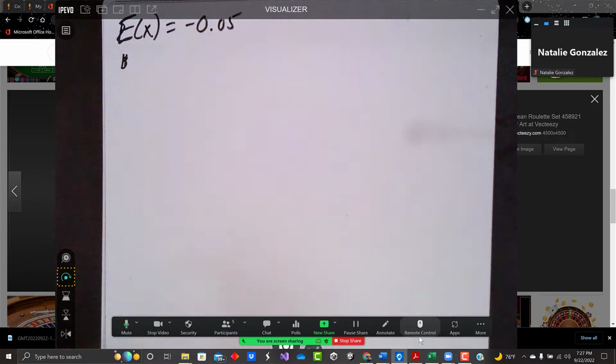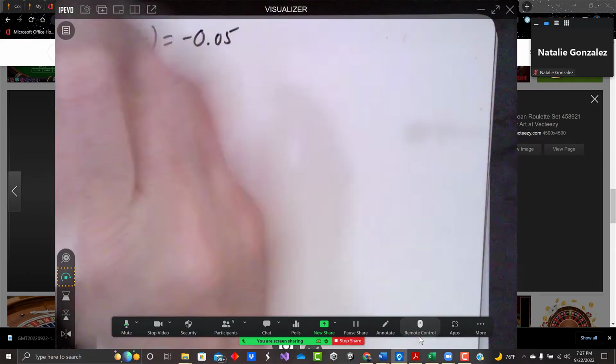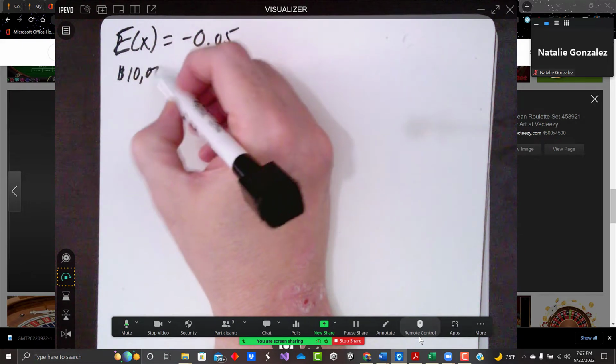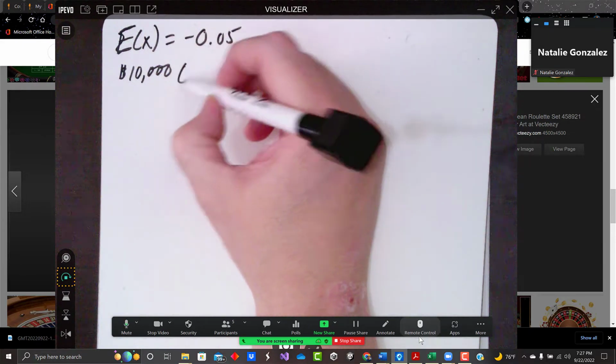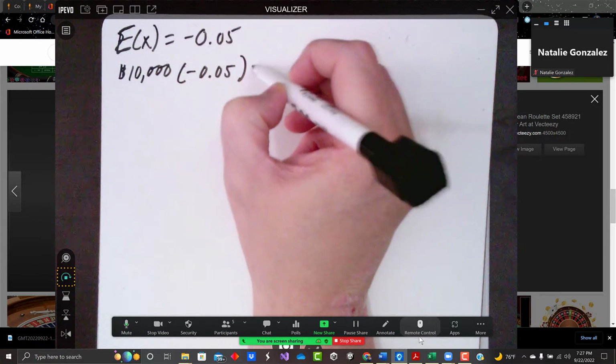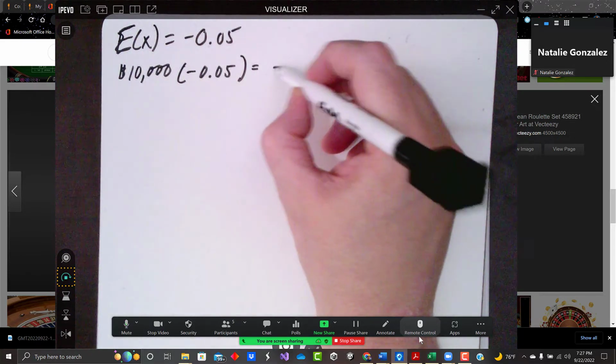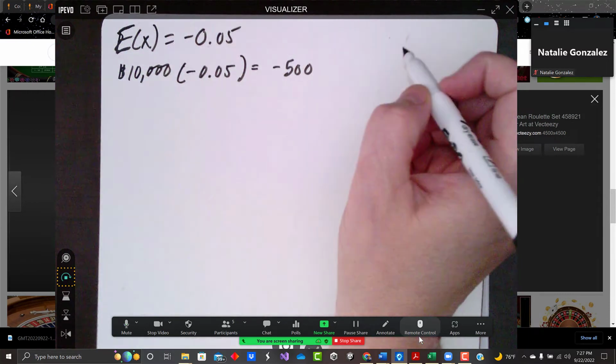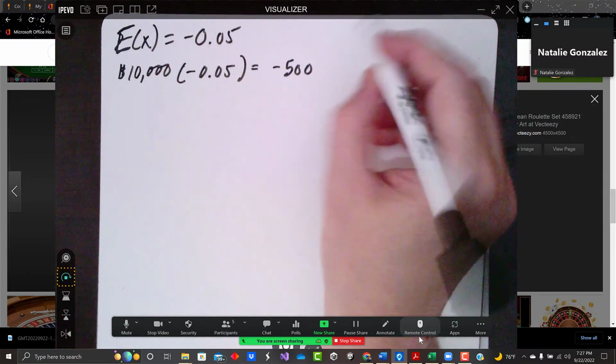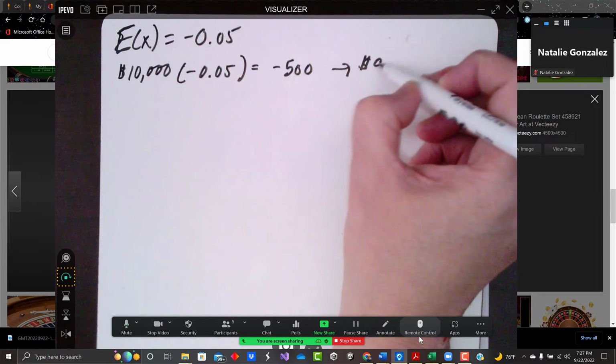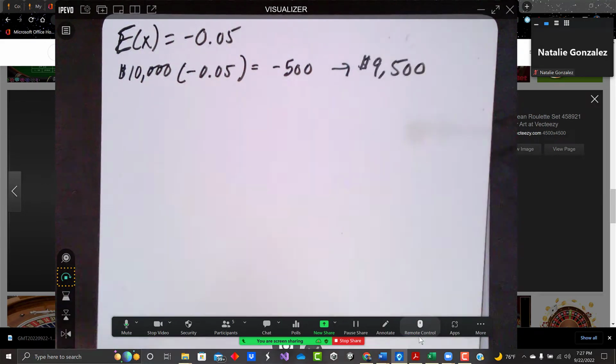Maybe I'm playing $5 at a time, but I end up spending $10,000 in the long run. $10,000 times that negative 0.05 means I'm losing about $500. So I'll probably be at 9,500 after I bet around $10,000, playing small amounts one at a time. I started with 10,000, I've lost 500.